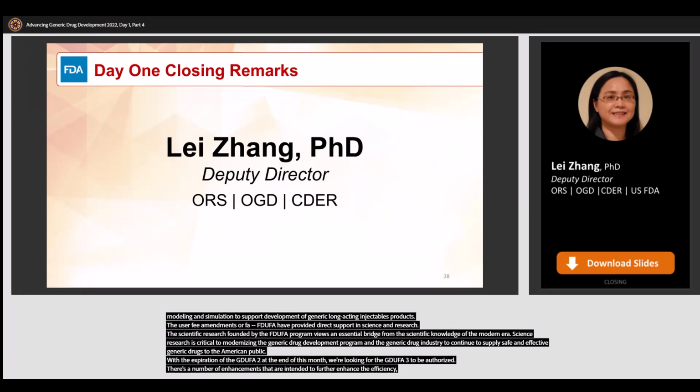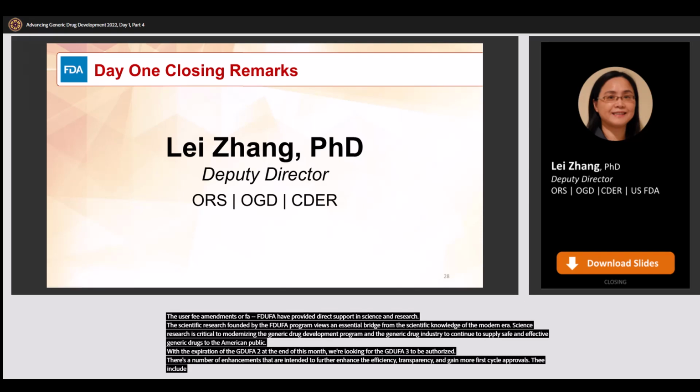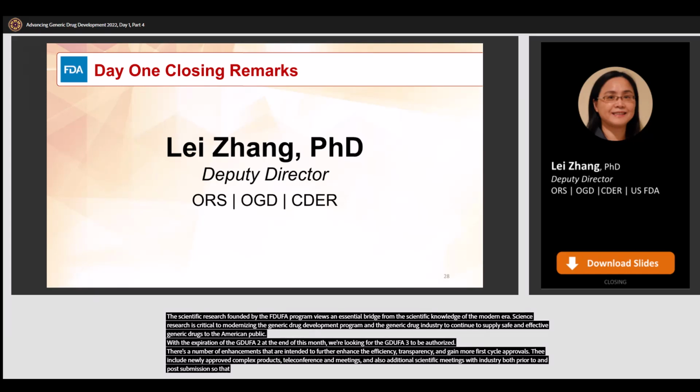These include the PSG enhancement on new goals for newly approved complex products, options to request PSG-related teleconferences and meetings, and also additional scientific meetings with industry, both prior to and post-submission, so that applicants can communicate with FDA in a timely manner for input that they need for their development program to improve the efficiency and also enable better ANDA submissions.